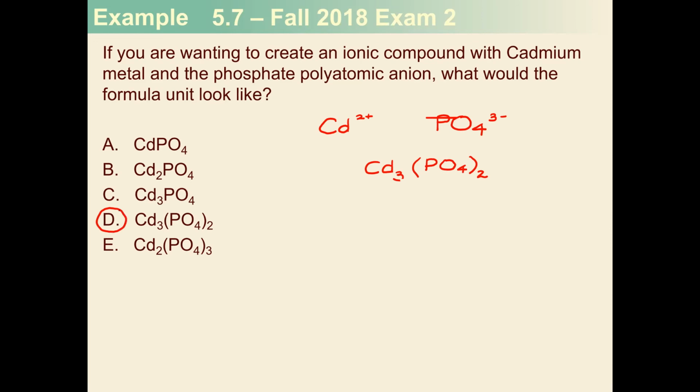In this video, you saw the importance of ionic nomenclature, not only when to use Roman numerals and when not to, memorizing the polyatomic anions, and also when you are supposed to use parentheses or not, especially in the case of our polyatomic anions.